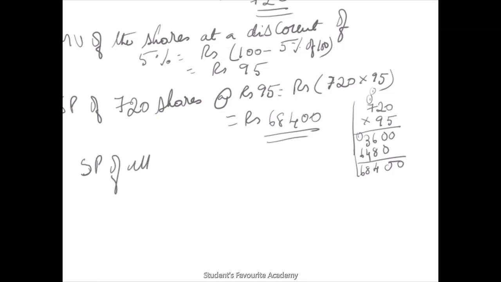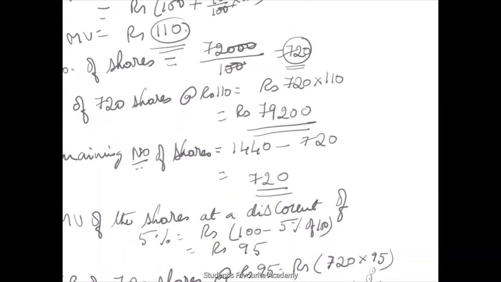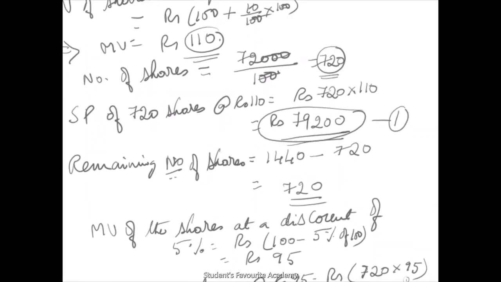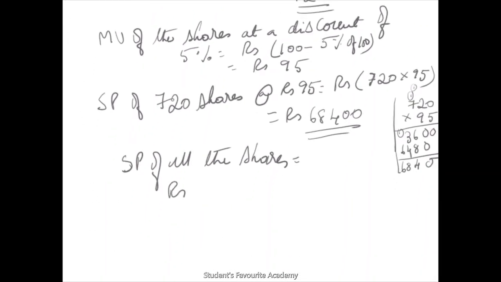of all the shares is how much? Rupees, SP of 720 shares is this, which we calculated here, that is 79,200 rupees, plus the SP of the remaining 720 shares we have calculated here, that is 68,400, right?